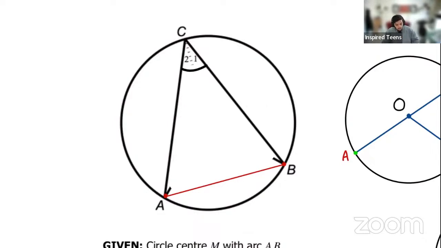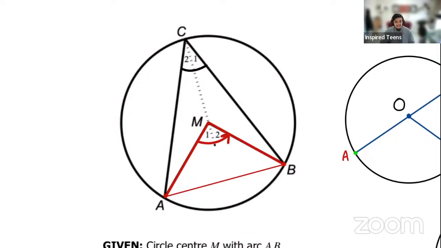Now we're going to state that C is what we call a circumference angle. Why is it known as a circumference angle? It is a circumference angle because it is at the circumference. So chord AB subtends angle C at the circumference. And if we bring all of this back, we can see that chord AB actually subtends another angle, but it's not a circumference angle.